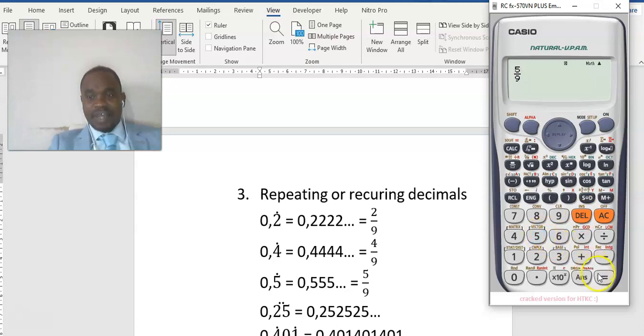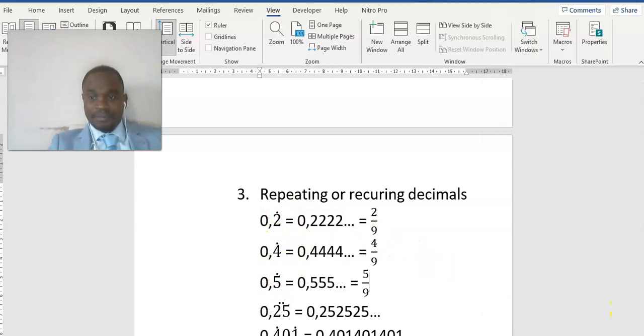If I put 5 over 9, 0,55555. So 5 over 9 is the same as 0,5555, like that. So it's a rational number. So if you have numbers like this, repeating recurring decimals, it's a rational number.